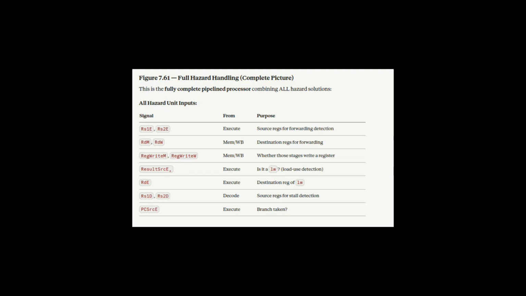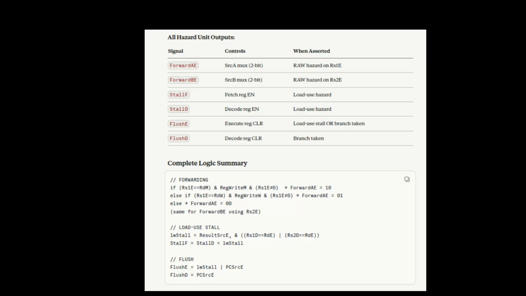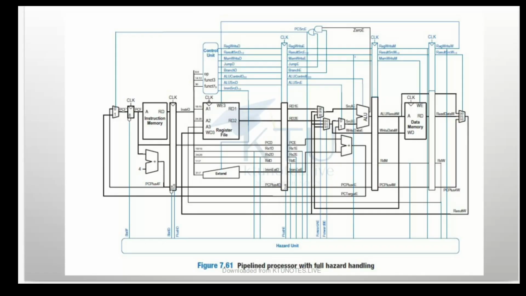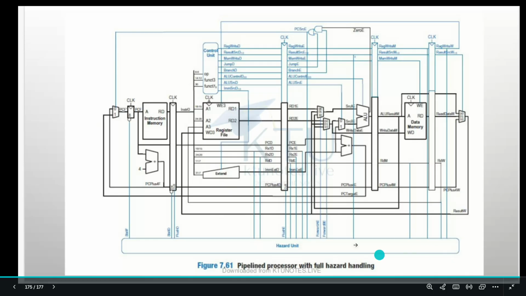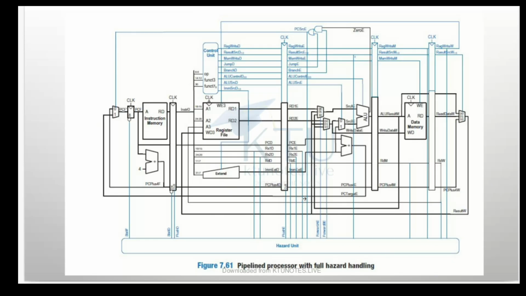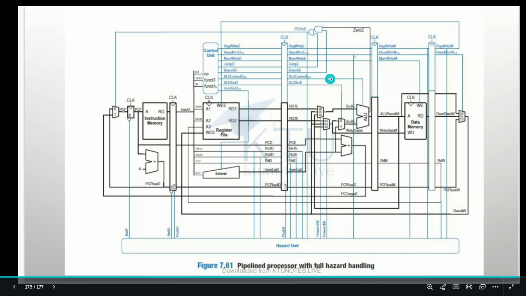This much we have understood, and this is the final diagram, which includes all the hazard units that we have learned. To understand this complete diagram, you have to follow all the previous videos we discussed earlier on pipelining. Okay, thank you.